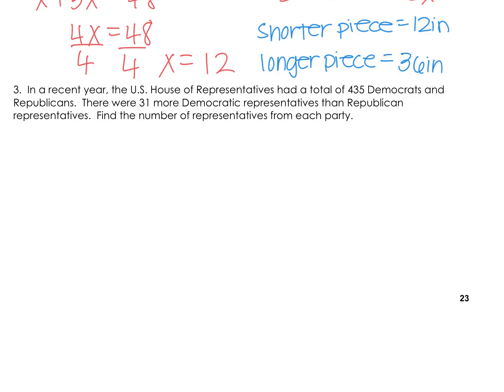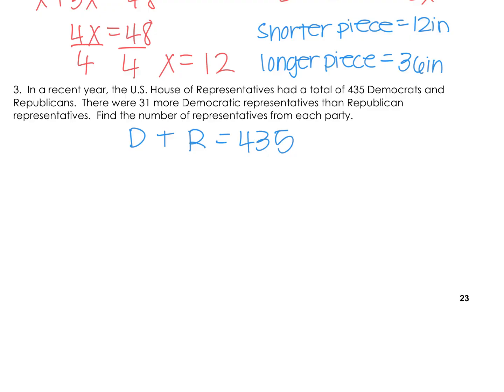Okay, so we have Democrats and Republicans. I'm going to use two variables, D and R. So the Democrats plus the Republicans equals 435. Would y'all agree? Okay, great.